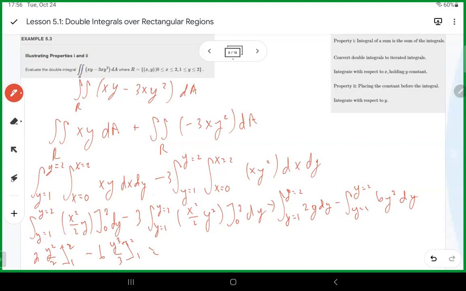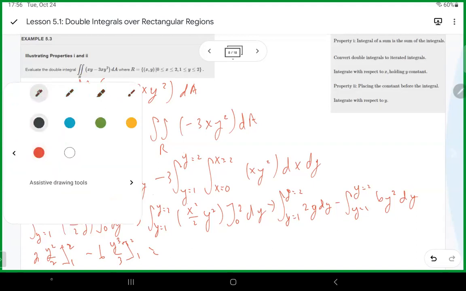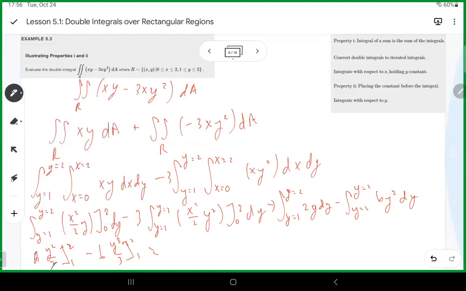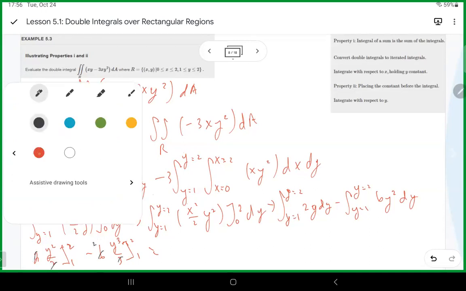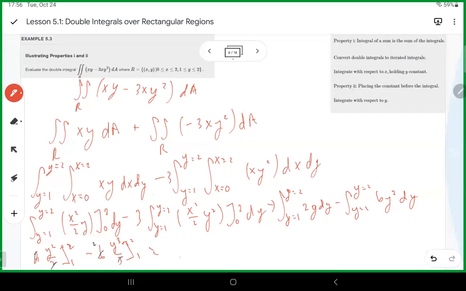Once you play around with it a little bit, you're going to end up seeing that some things cancel. So your 2's here cancel, and then your 3 reduces your 6 down to 2. So you end up with y squared from 1 to 2 minus 2y cubed from 1 to 2.